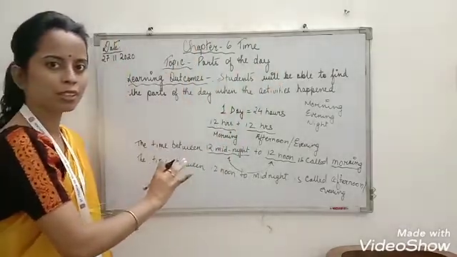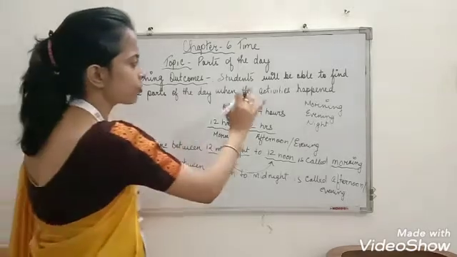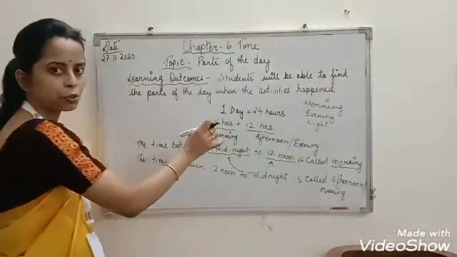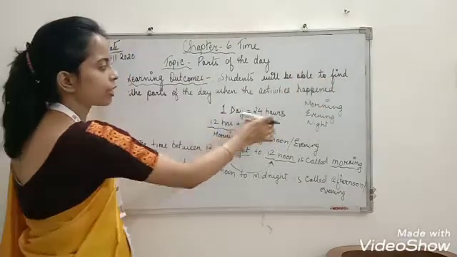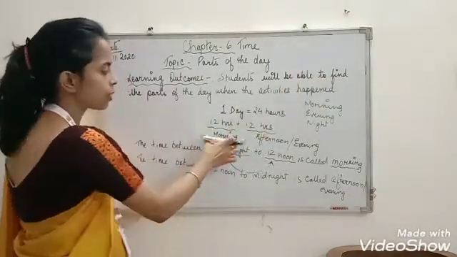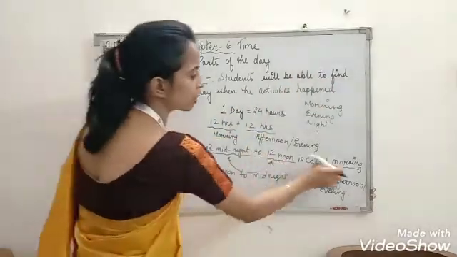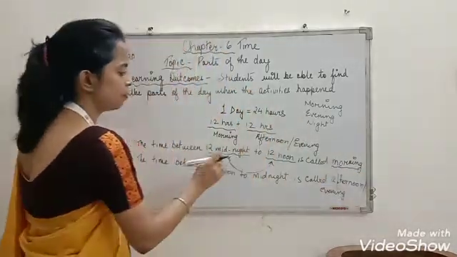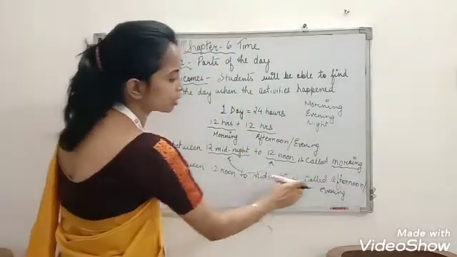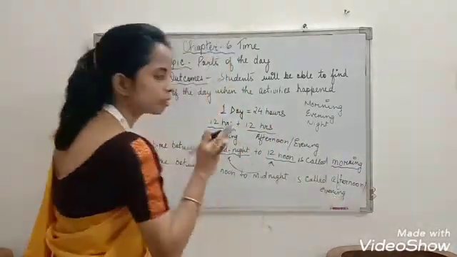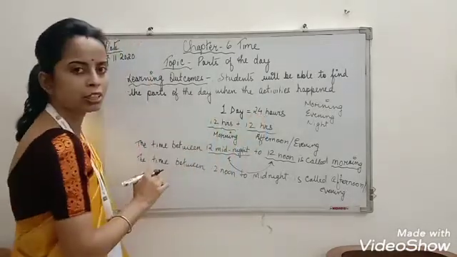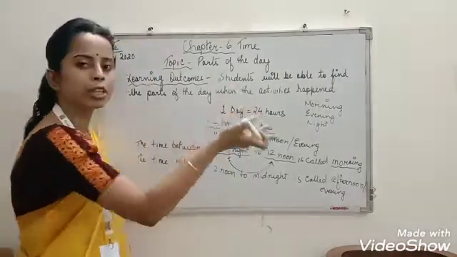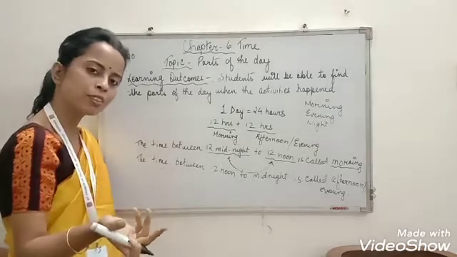As we already learned, the parts of the day are morning, noon, afternoon, evening and night. One day is equal to 24 hours: 12 hours from 12 midnight to 12 noon is morning time, and 12 noon to midnight is afternoon and evening time. So 12 plus 12 equals 24 hours. Got it, children?